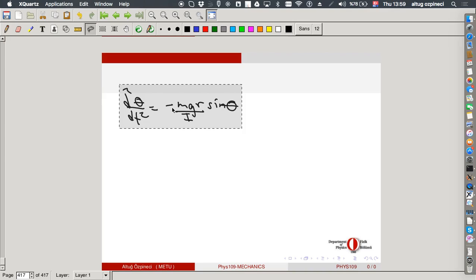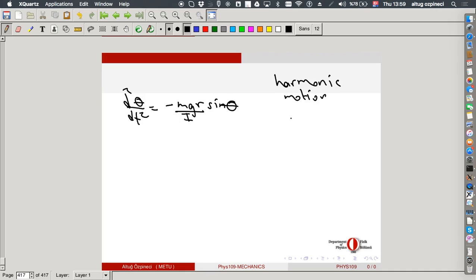Now the first thing that this equation tells me is that theta doesn't change harmonically with time. Theta is not equal to something times cosine of something else. Because if you have a harmonic motion, it always satisfies, if it was harmonic, it should satisfy this equation, minus omega squared theta.